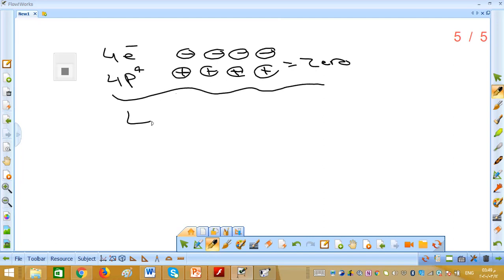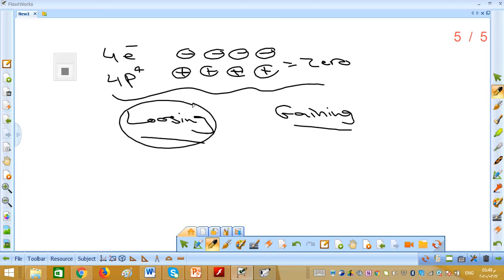With losing and gaining. If an atom loses 1 electron or more, for example, the same atom with 4 electrons and 4 protons loses 2 electrons, it has 2 electrons and 4 protons.